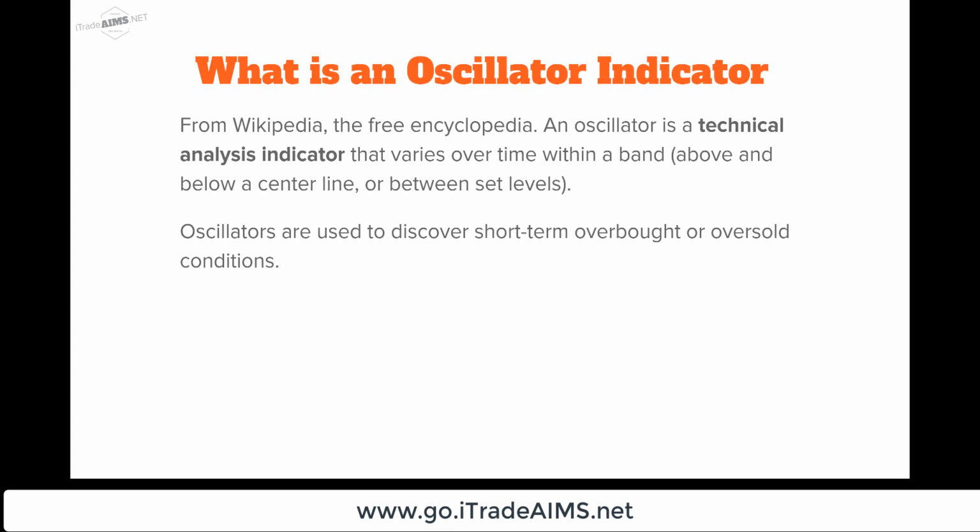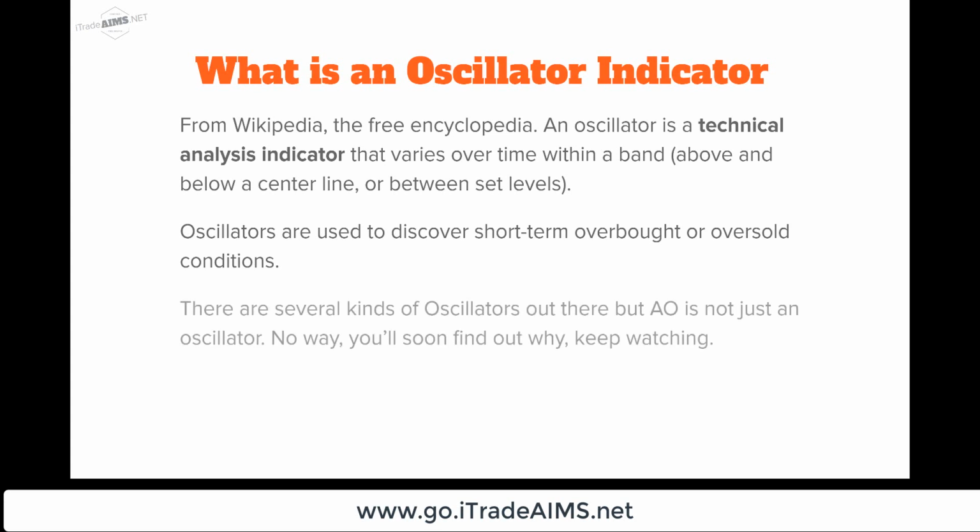But overbought, oversold is kind of a myth. It is a terminology that we don't need to go into, because there are really no overbought and oversold conditions, especially in Forex. They just refer to the particular time period that you're looking at.